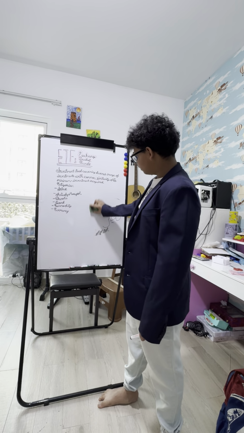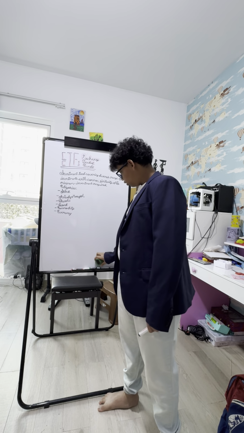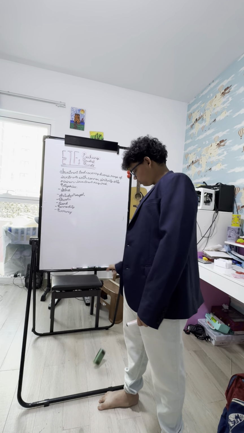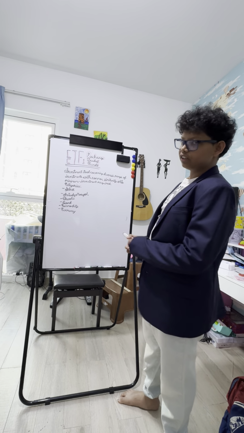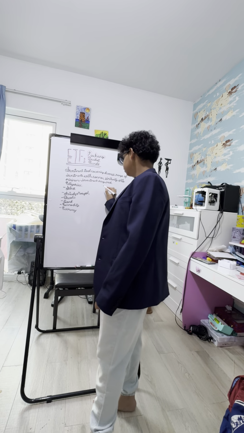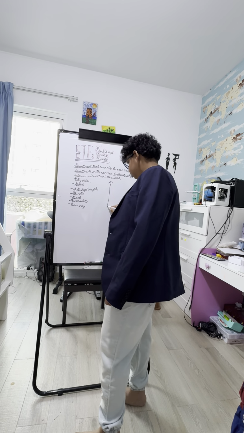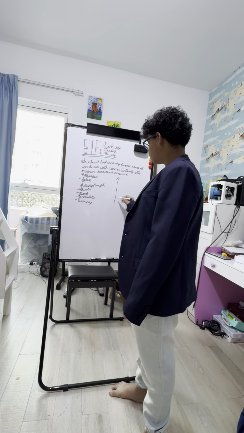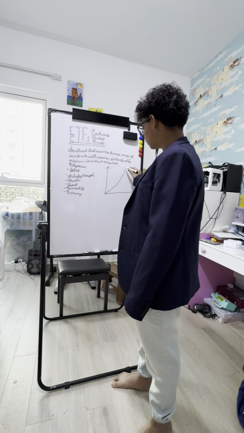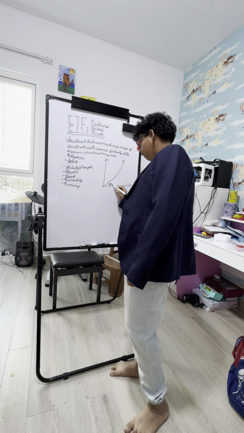The first one is index. Here's how an index ETF looks. Let's just say this is an index. First, let's talk about what an index is for those who don't know.